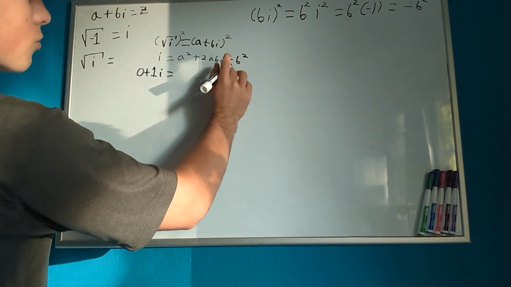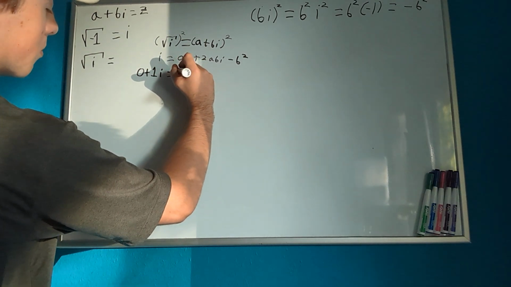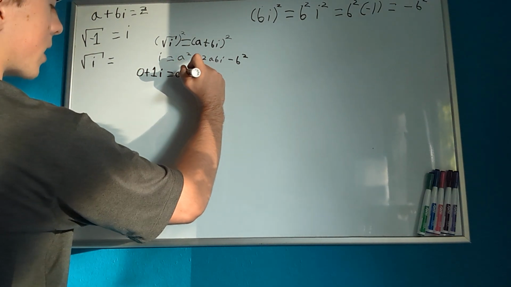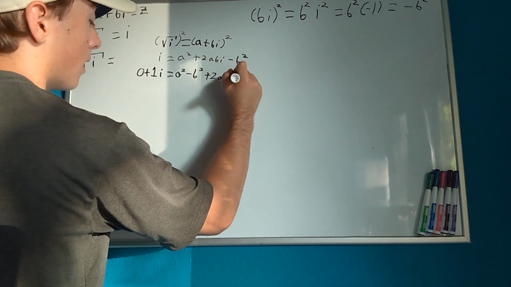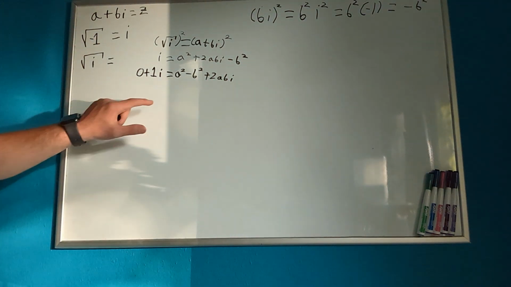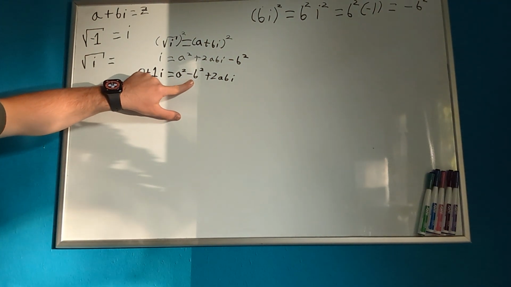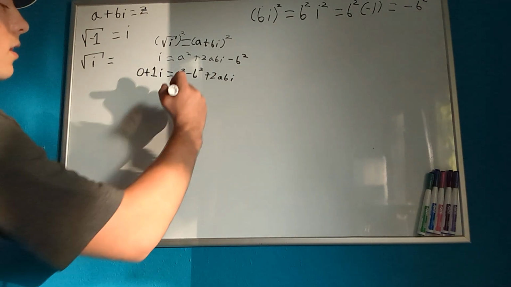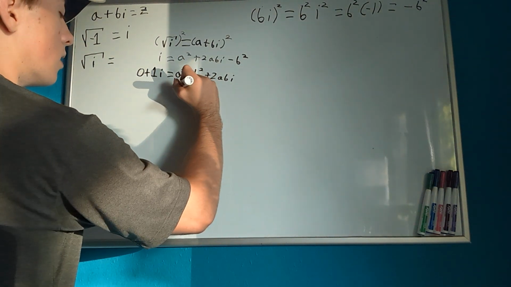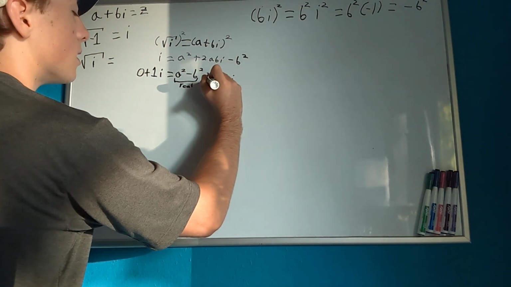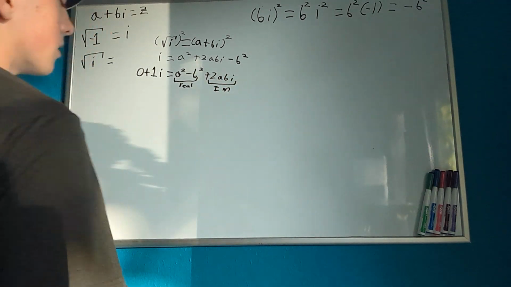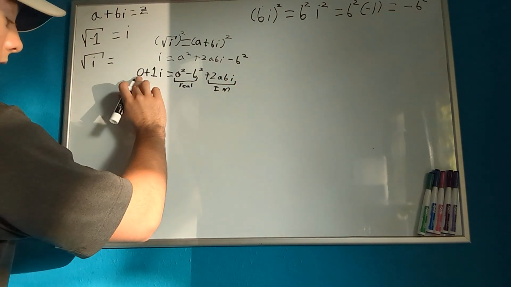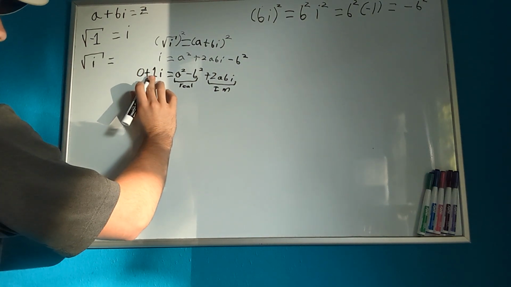Then I want to rearrange this a little bit because I think it'll make it more obvious: a squared minus b squared plus 2abi. Maybe you can recognize now that a squared minus b squared is our real bit, and since this has an i, 2abi is our imaginary bit.